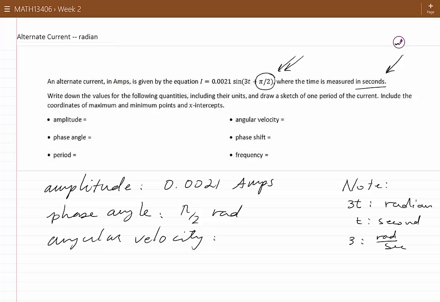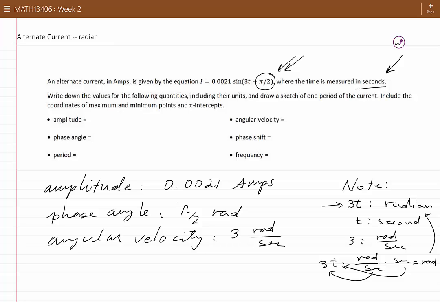Only then will 3t have the unit of radian, because radian per second times second gives radian. Therefore, the angular velocity is 3, and it has the unit of radian per second.